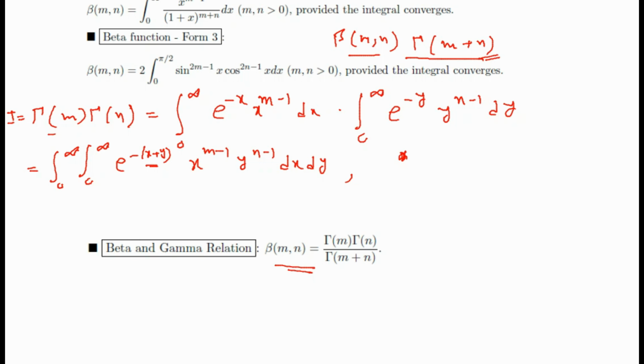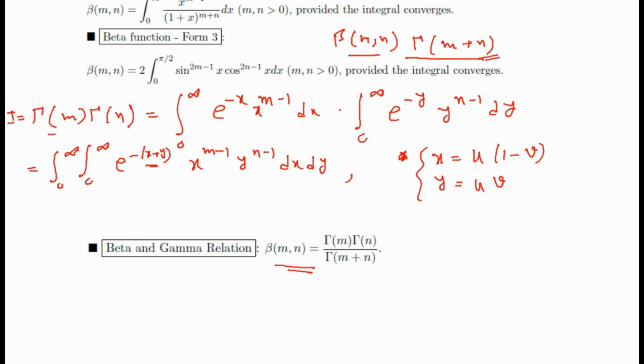So if you put x equal to u into 1 minus v and y equal to uv. Why is that? Because if you add x and y, x plus y will be your u. So single variable, one purpose is satisfied.